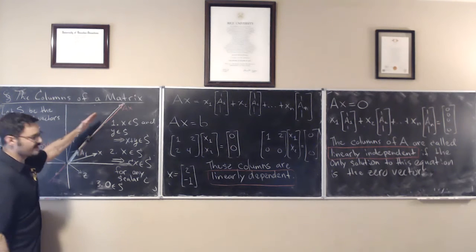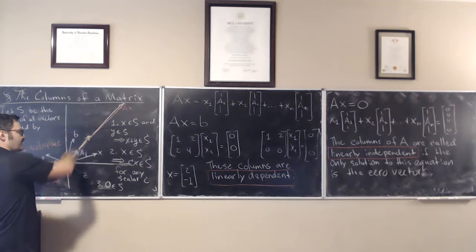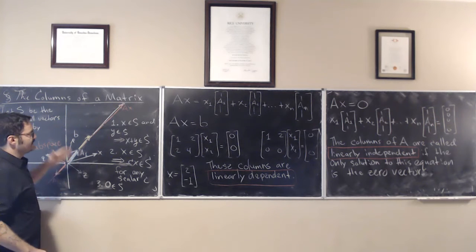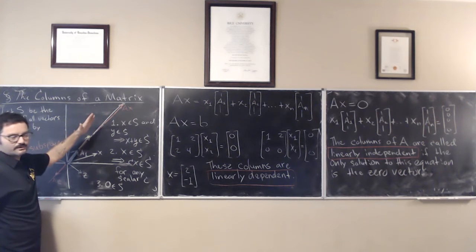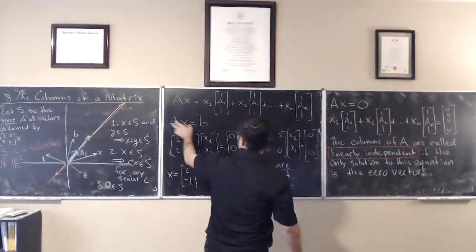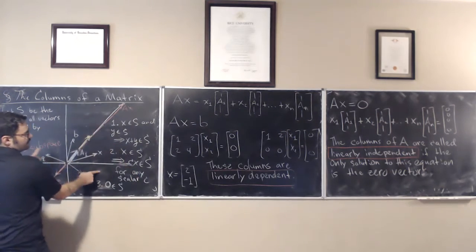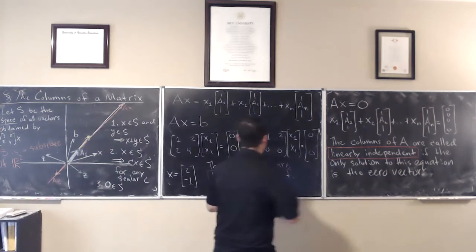So this was the bad case, linearly dependent. The columns all lie in the same subspace of R2, on that line. So when we take linear combinations of the columns, we're always on there. So there are going to be all types of vectors where this will not have a solution.